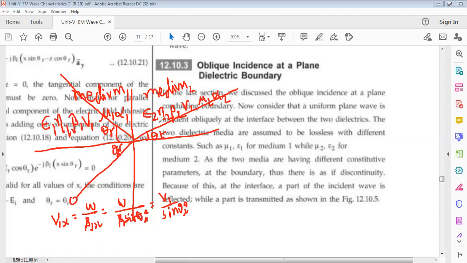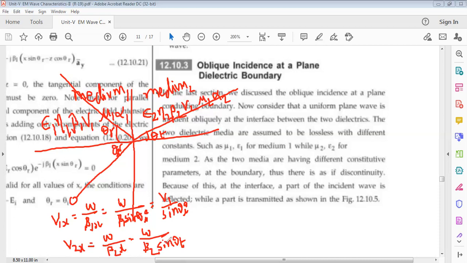Similarly, if there is a transmission at theta t, suppose the velocity v2 is in the transmission, in the medium 2. In the x direction, it becomes omega by beta 2 x, that is omega by beta 2 into sine theta t, because it is at the angle theta t in the second medium.